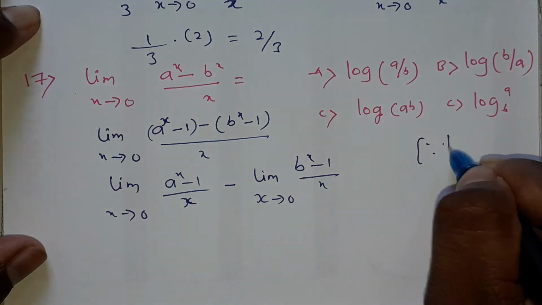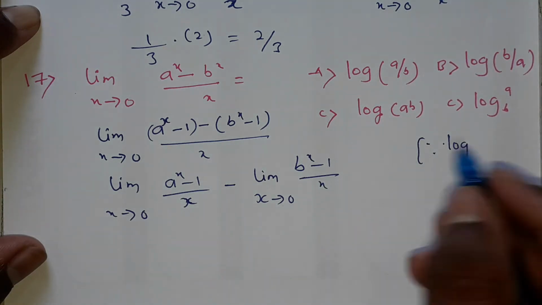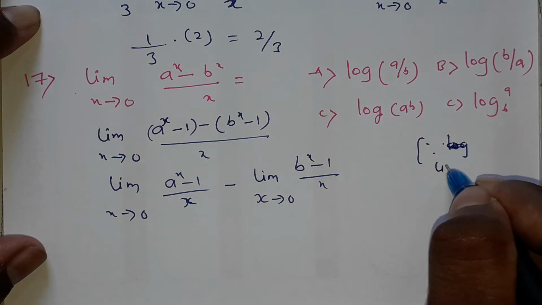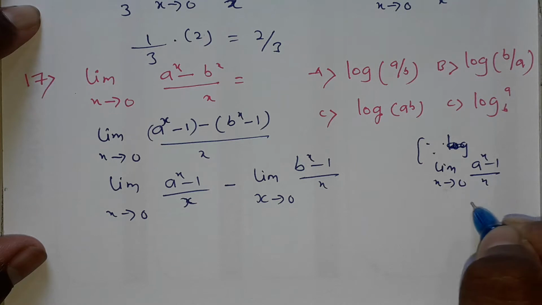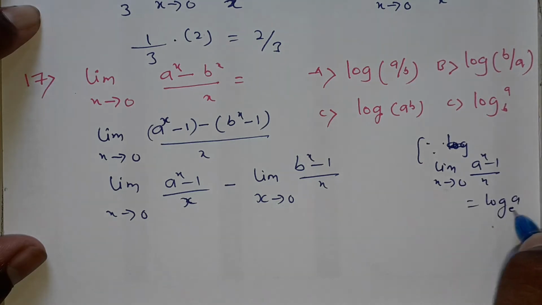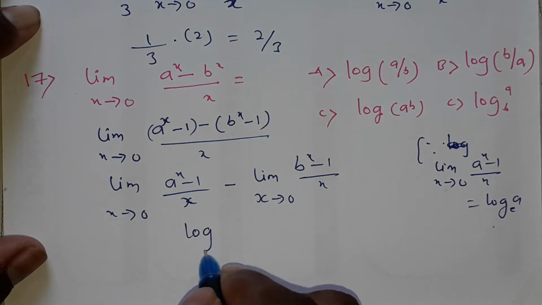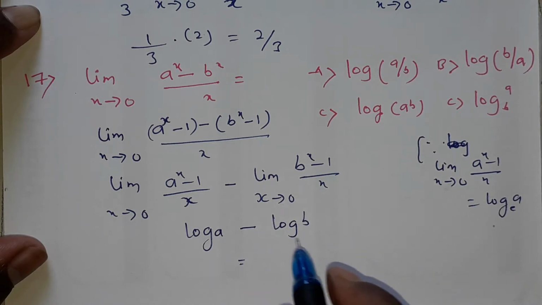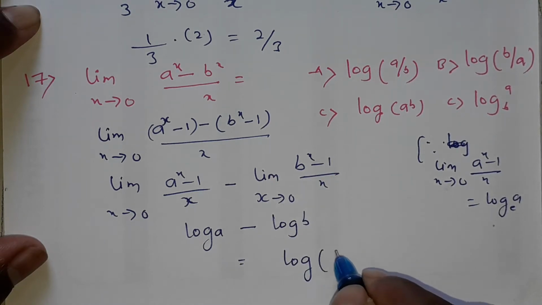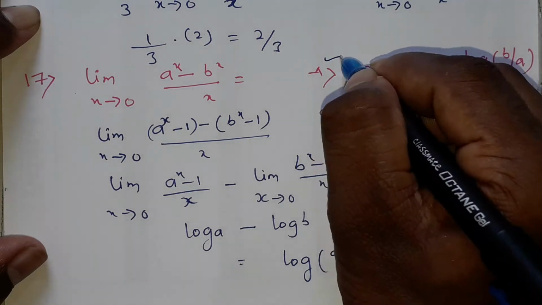Your formula is limit x tends to 0 (a^x − 1)/x is equal to log a. Similarly, this is log a, this is log b. Log a minus log b is equal to log a by b. Option A is the right answer.